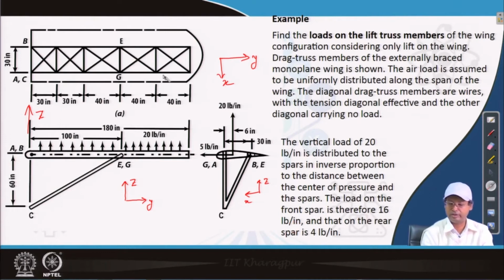It is assumed, as mentioned here, inversely proportional. So, the front spar is carrying 16 pound per inch and the rear spar is carrying 4 pound per inch. Let us see how we find the member loads in the member C G as well as C E. That is our task. We are supposed to find the member force in C G and C E.